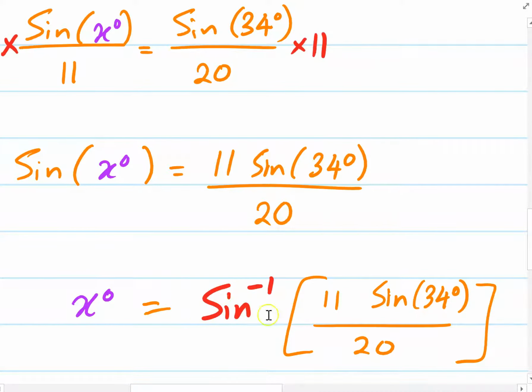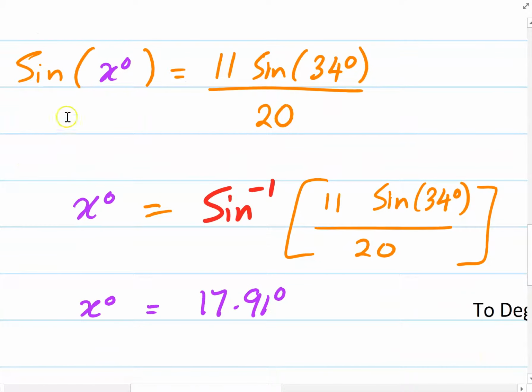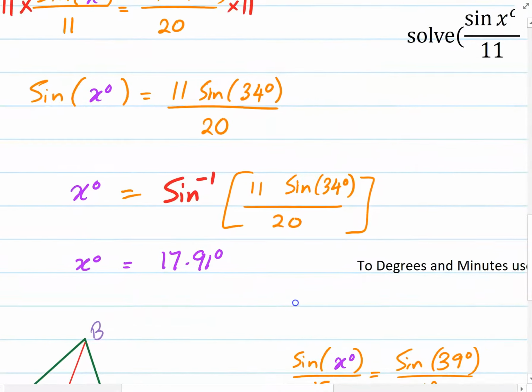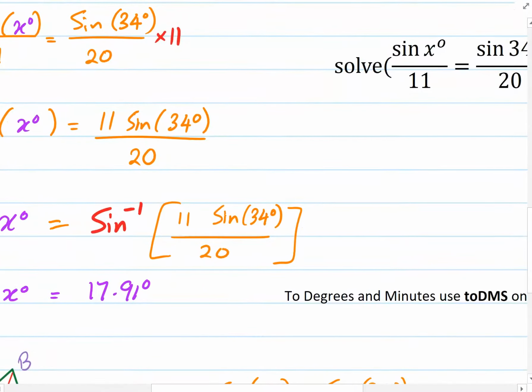But if I punch this into the calculator, you will of course get the solution 17.91. That's in degrees, and you can convert that into degrees and minutes using the 2D MS function.